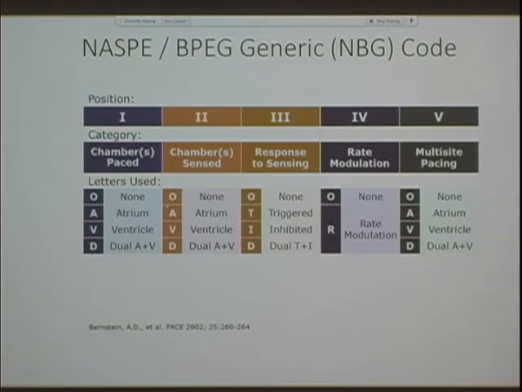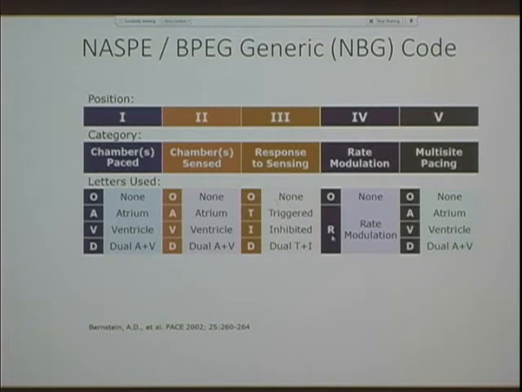This is usually what magnets will do, and sometimes that's necessary in pacemaker dependent patients where you want the pacemaker to be blinded to all the EMI, to all the cautery. You put them in a DOO mode, it's going to be pacing regardless of what it is seeing. It is not going to see anything, and hence it has no response to the sensing.